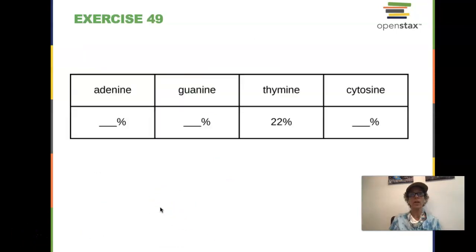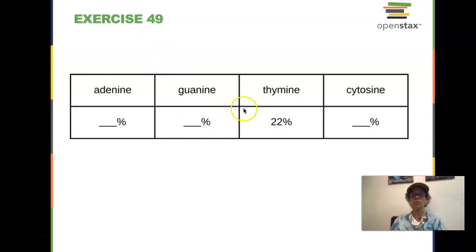This final slide is an example of one sort of question I might ask on an exam. If you were given the percentage of just one base, you can determine the percentages of all the other bases.